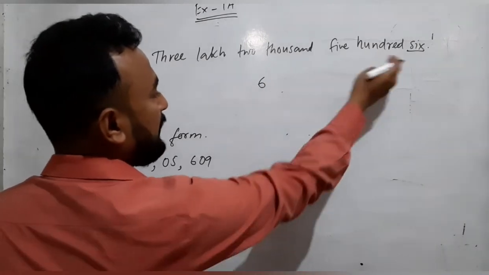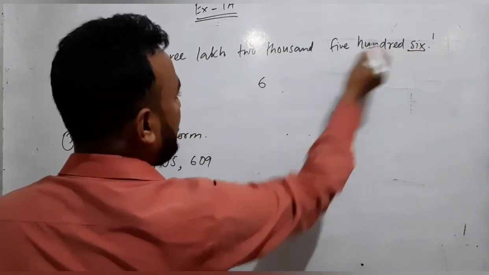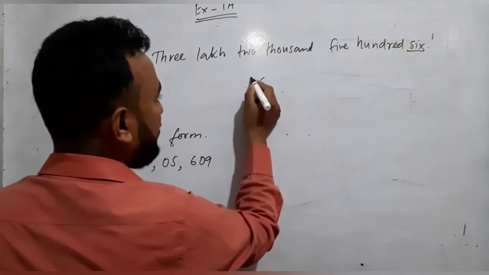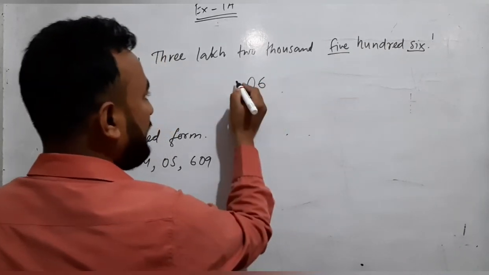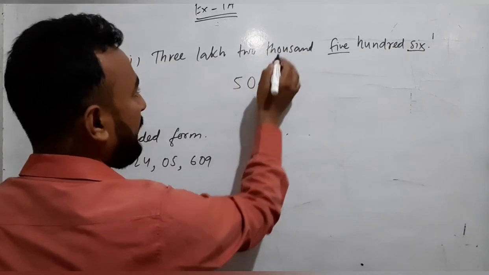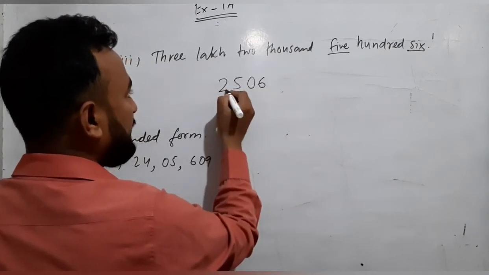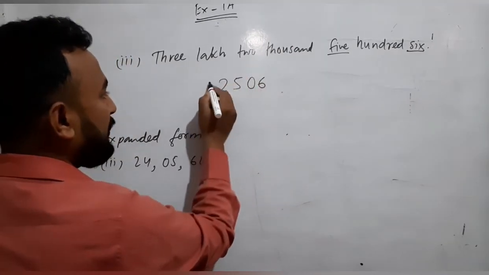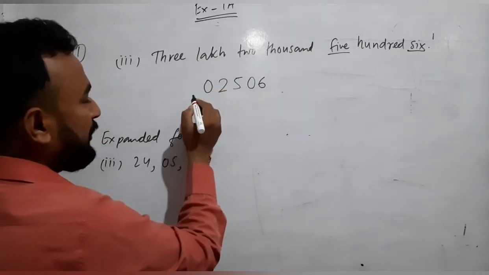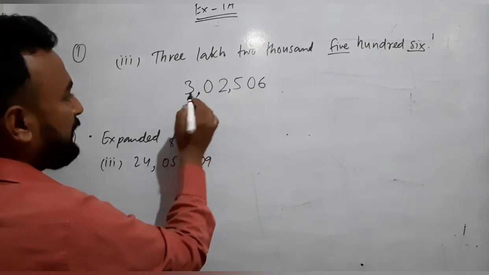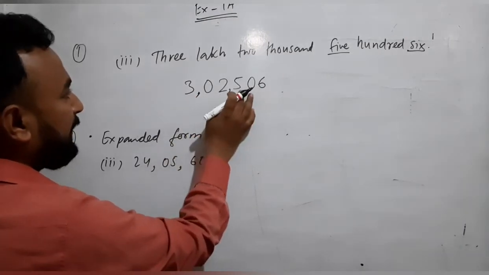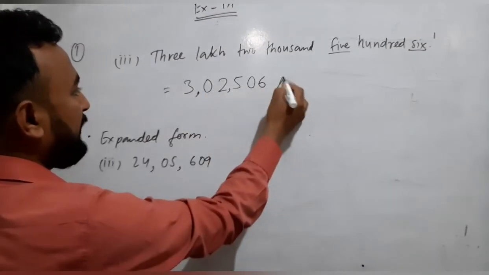Okay, 6, and here the tens place is missing, so you have to put 0 here, and the hundreds place is given, so 5. The thousands place, 2, is given, but the ten thousands place is not given, so put 0 here, and lakh is given, that is 3 lakh. So this is 3,02,506. This is your required answer.